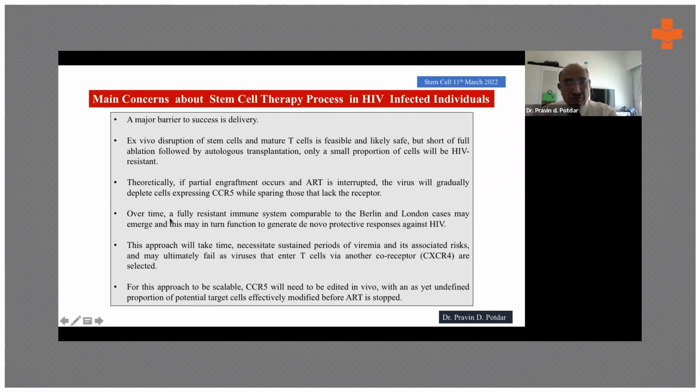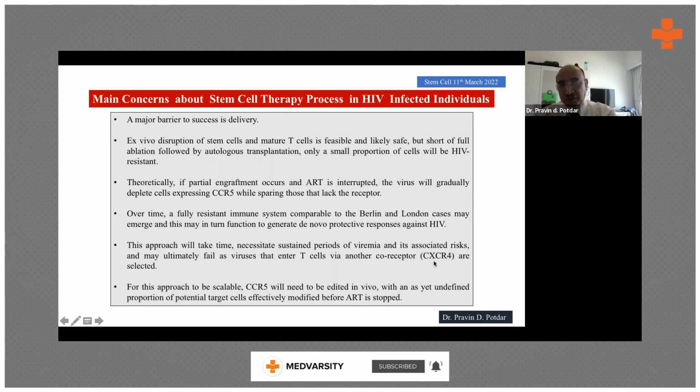Over time, a fully resistant immune system comparable to the Berlin and London cases emerges. This may turn functional to generate a de novo protective response against HIV. This approach will take time, requires a sustained period of viremia with associated risk, and may ultimately fail as viruses that enter T cells via another co-receptor, CXCR4, are selected.